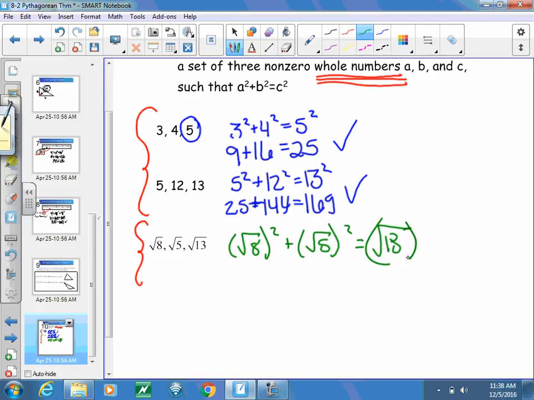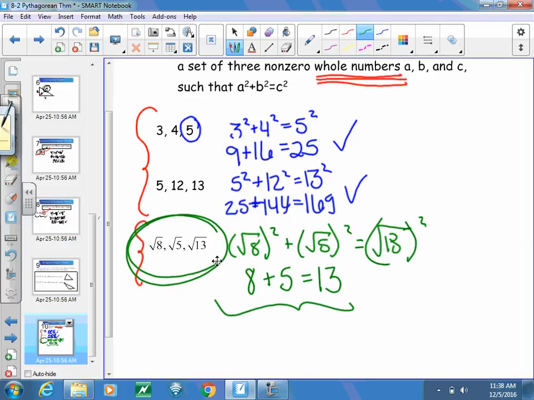The square and the square root cancel each other out, so that would give me 8 plus 5 is equal to 13. Now 8 plus 5 does equal 13, so understand that although this fits the sides of a right triangle, it is not considered a Pythagorean triple.